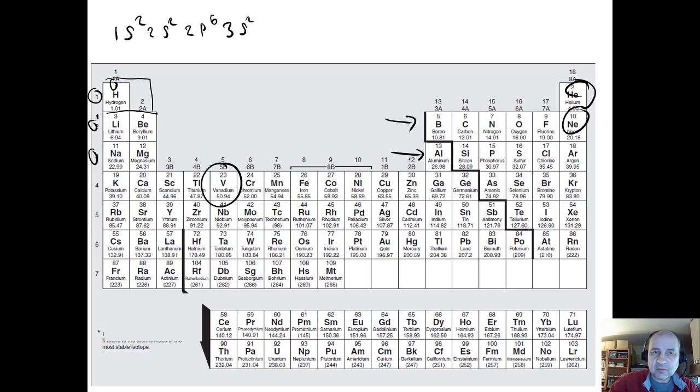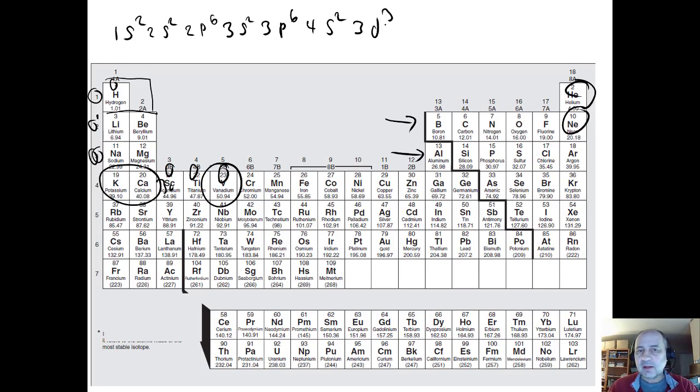And again, we get over to the p block. This is the third period, so it's 3p6. Then we fill the 4s, 4s2, and then this is the 3d, and there's 1, 2, 3 here. So this is then the 3d3. And again, this is just Aufbau.